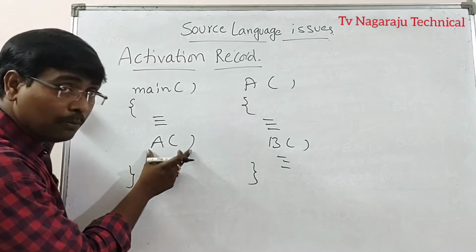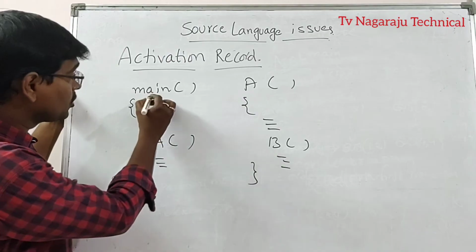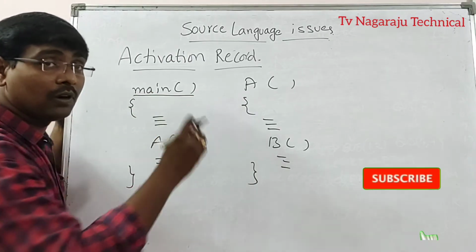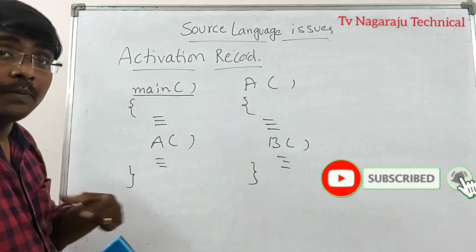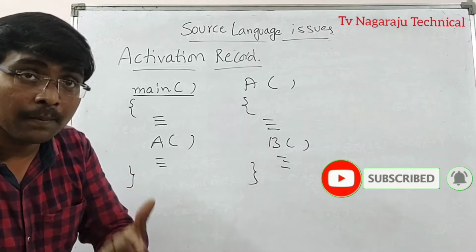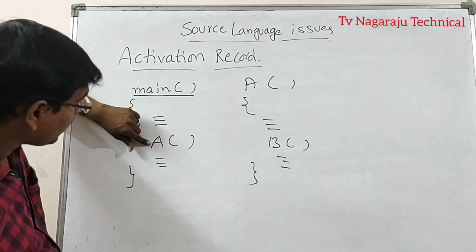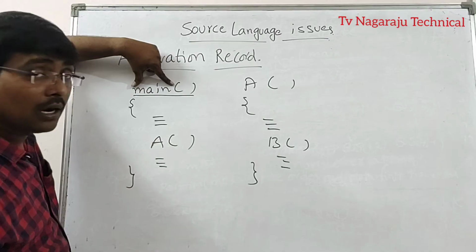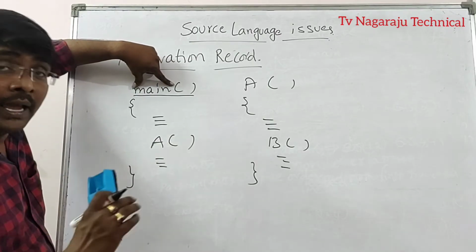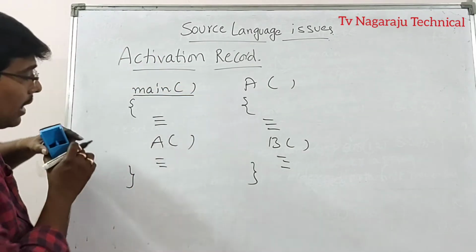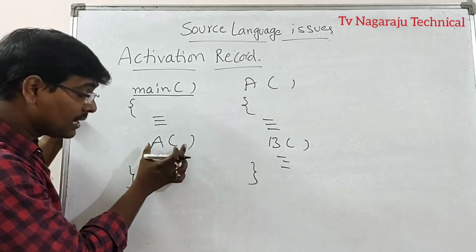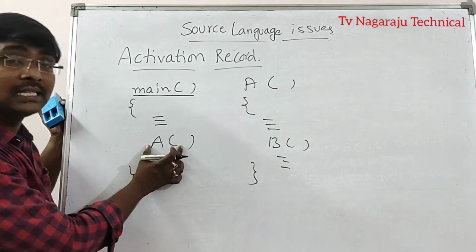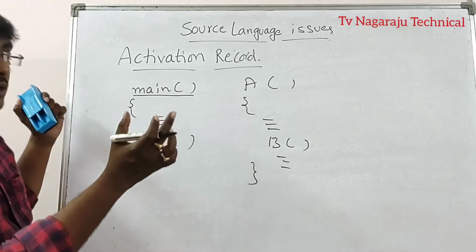Before calling the procedure A, first the activation record for main is created. That means my execution starts from main. Before calling A, the activation record for main is created and pushed into the stack. After that, the activation record for A is created and pushed into the stack.